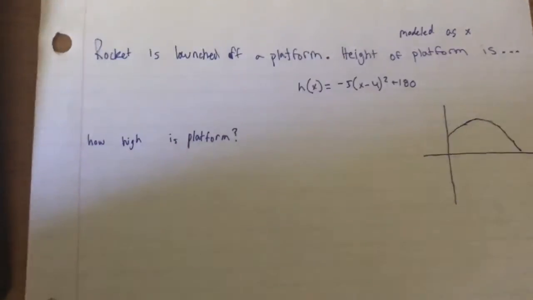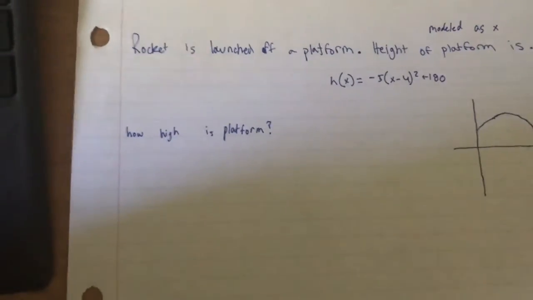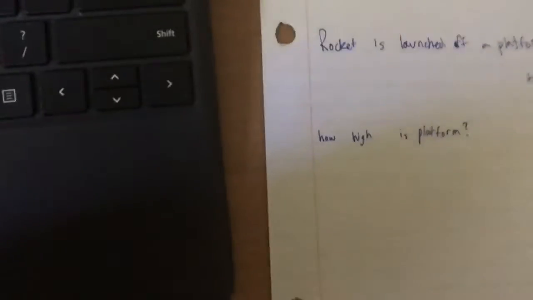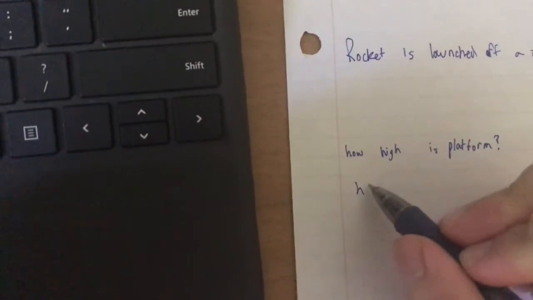So the height of the platform is modeled when x is 0. So to solve, we just plug 0 in for the x's.